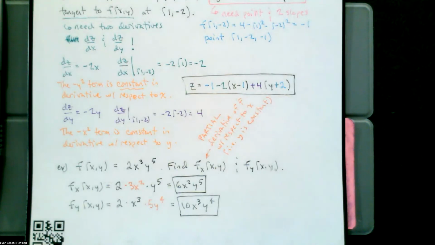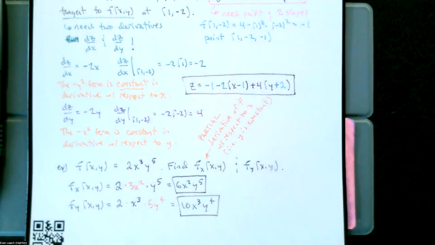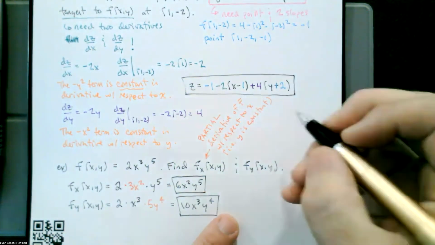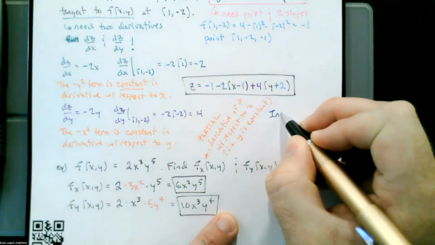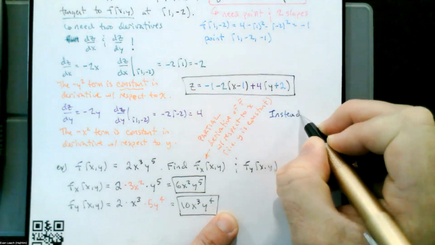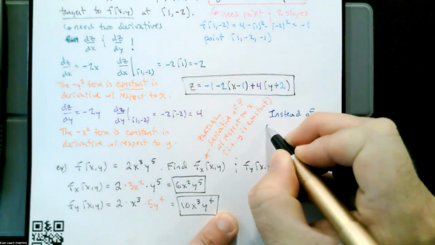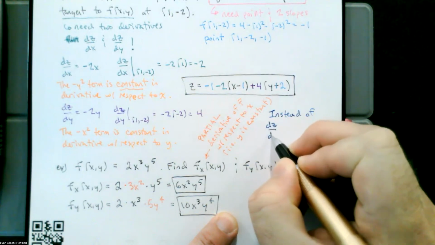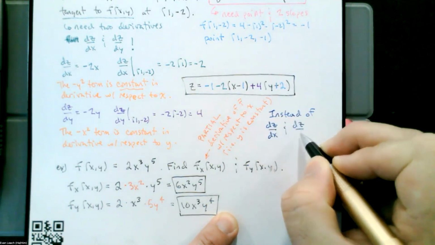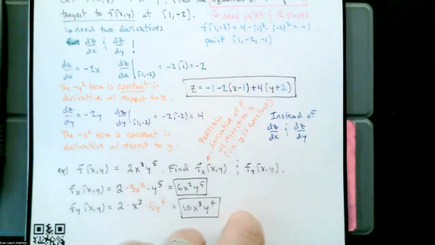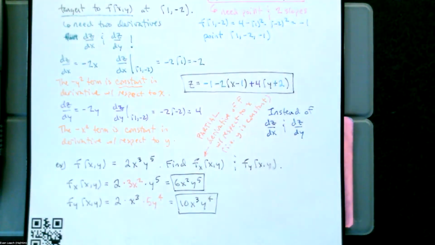The other thing that we should note is that instead of writing dz dx, we use a weird looking d. We want to indicate that we are taking partial derivatives.